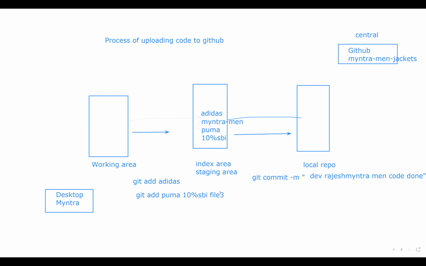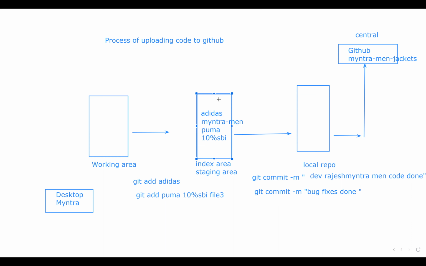In that scenario, they will write git commit -m "bug fixes done", so that others will understand that so and so bug fixes are done by so and so team. That's it, guys. If the code is here, next you will push this code from here to the centralized repository. That's the process.